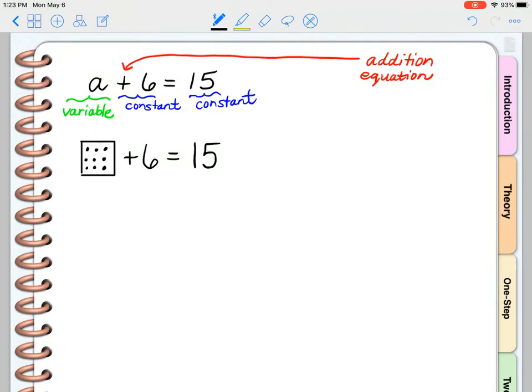So it took 9 of those little dots to fill in that box to make the equation balance, to make it true. That 9 plus 6 is 15. And we want to be sure that 9 and 6, that's 15, matches the 15 on this side. So we would say that 9 is the solution, that A would have to equal 9.